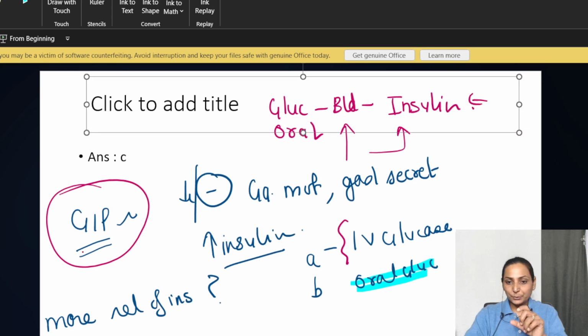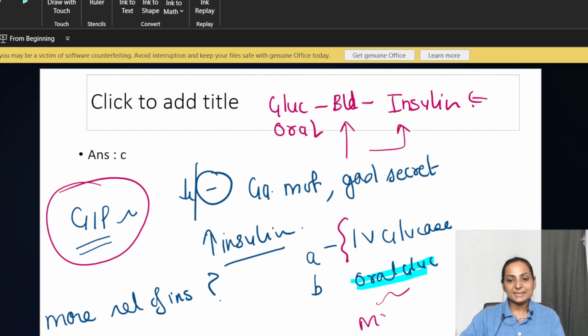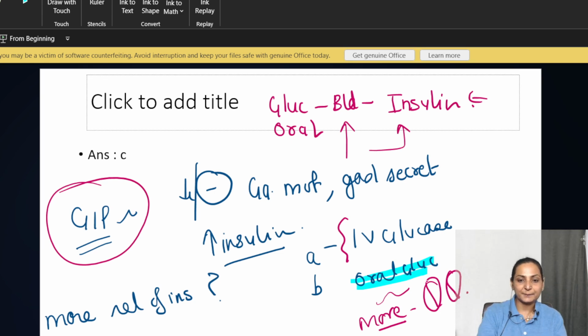So with oral glucose, there is direct insulin secretion by the beta cells of the pancreas and indirect insulin secretion through the GIT hormones. Therefore, oral glucose results in more insulin secretion. This is a very important logical and conceptual understanding.